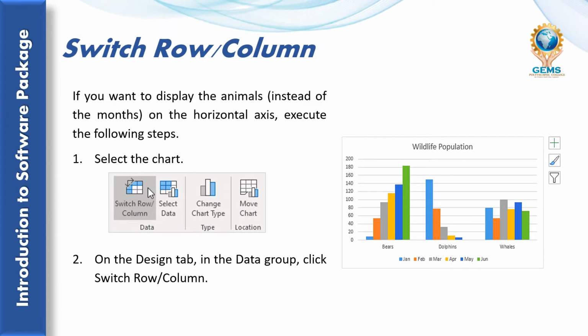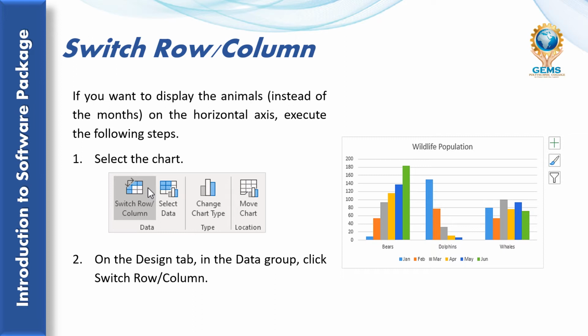First we will see how to switch row or column. If you want to display the animals instead of months, here is the example given with animals and months. You have to execute these steps.